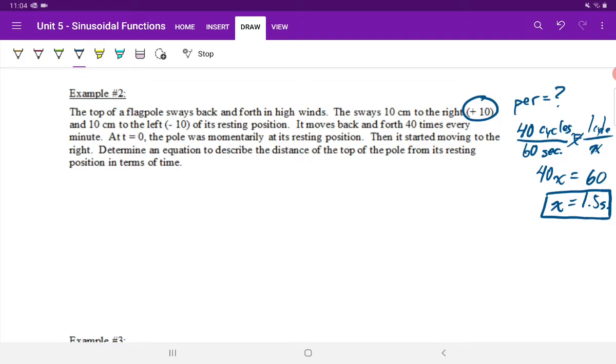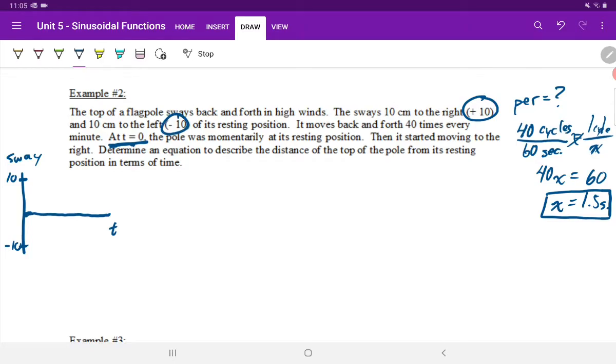Right? Okay. At t equals 0, so if I were to draw a sketch, if this is time and this is my sway, okay, I know that I'm swaying from positive 10 to negative 10. They told me that. Okay?